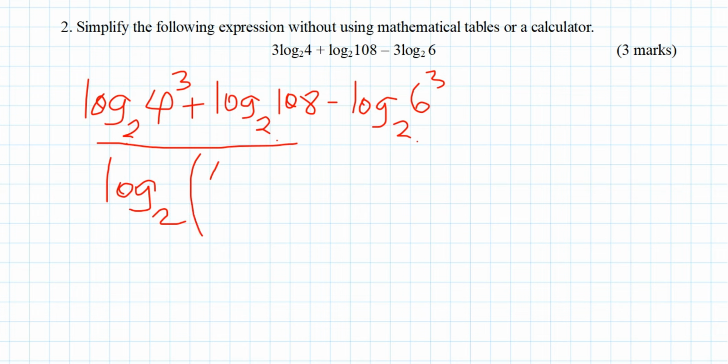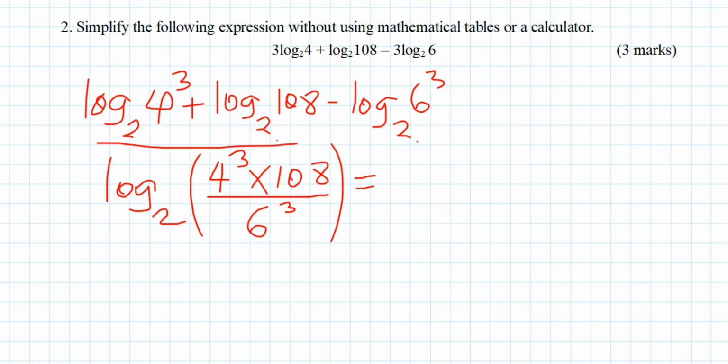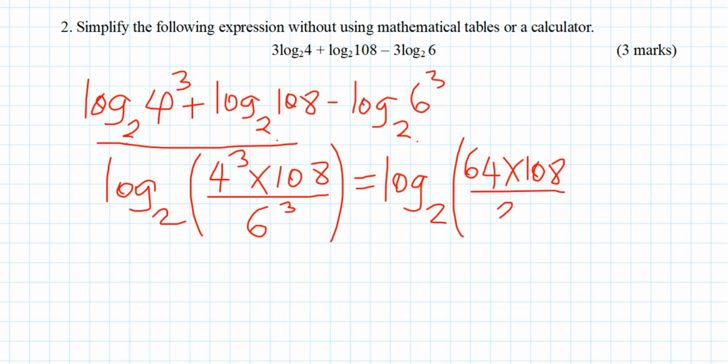So we take now 4 to power 3 multiplying 108, and then divided by the subtracted log, where the number is 6 to power 3. And so consequently, this is going to give us the log to the base 2. So put in brackets 64, we multiply by 108, and we divide all that by 216. And so here, we can simplify the number.